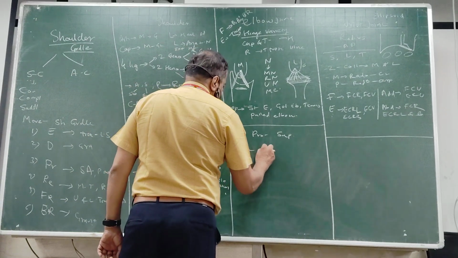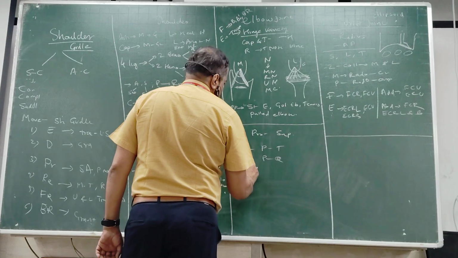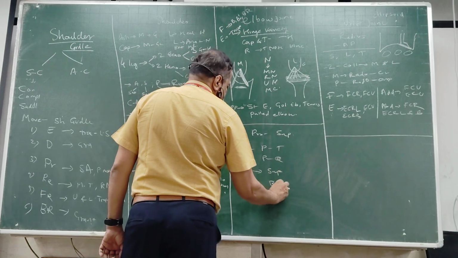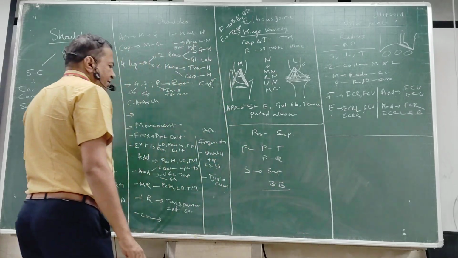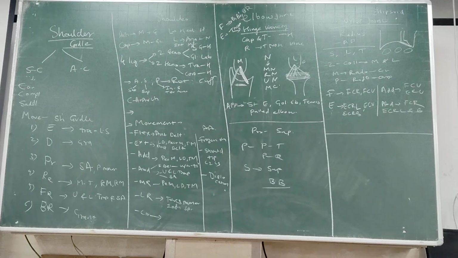Pronation is brought about by pronator teres and pronator quadratus. Supination is brought about by supinator and biceps brachii. In mid-flexed position, biceps brachii is a strong supinator.